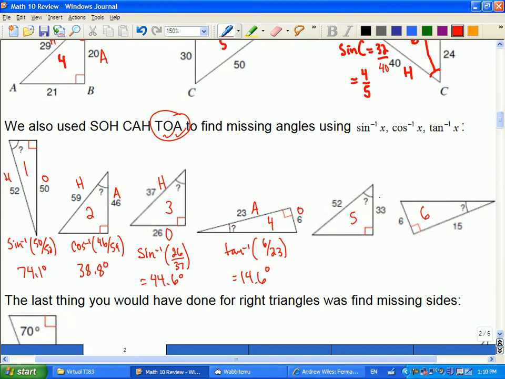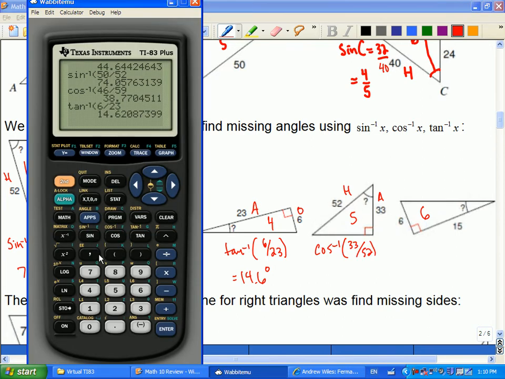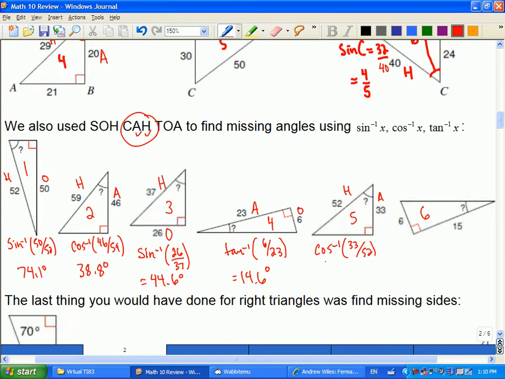In this situation, I'm dealing with the adjacent and the hypotenuse. So it means I'm working with cosine. Cosine inverse of 33 out of 52. So the angle is 50.6.